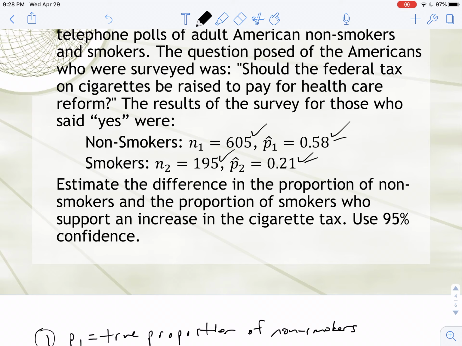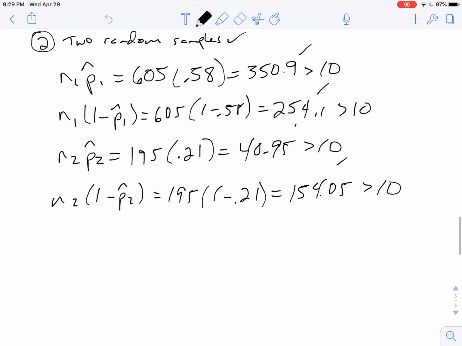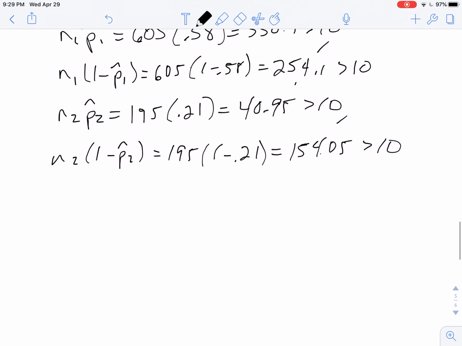So if I take the 605, multiply that by 10, that's 6,050. If we're talking about American non-smokers, obviously the population is way higher than that. Do the same thing with smokers, it'd be 1,950. That population is also much greater than that number. So that third condition is met.